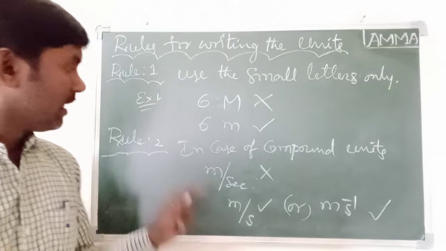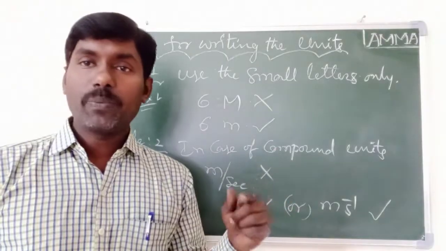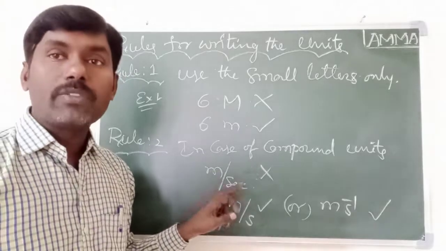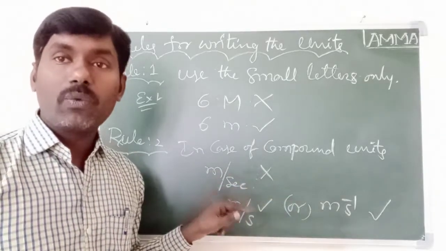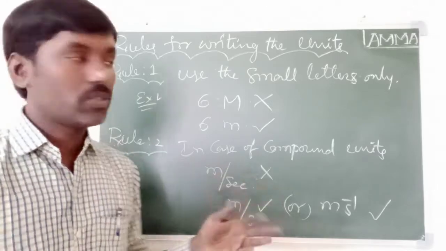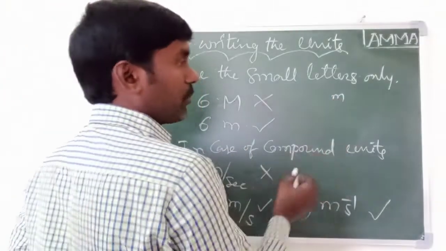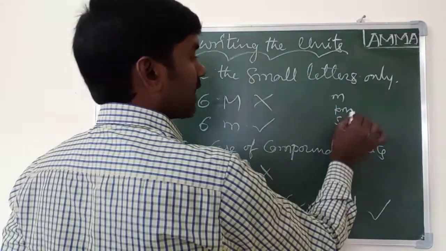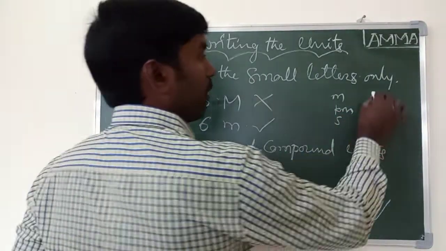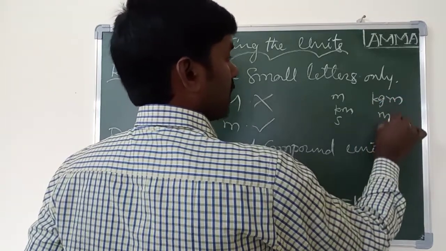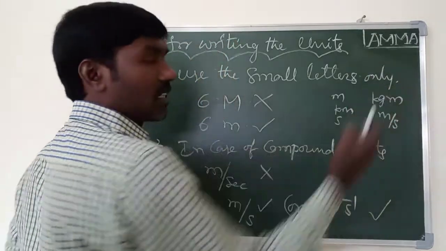Once again, students, in the case of compound units, if more than one unit is present in that unit, we call it a compound unit. So meter is not a compound unit. Kilometer is not a compound unit. Second is not a compound unit. But kilogram meter, meter per second, these are compound units.